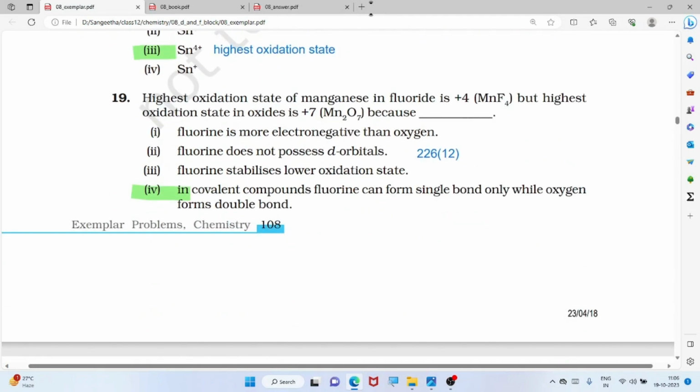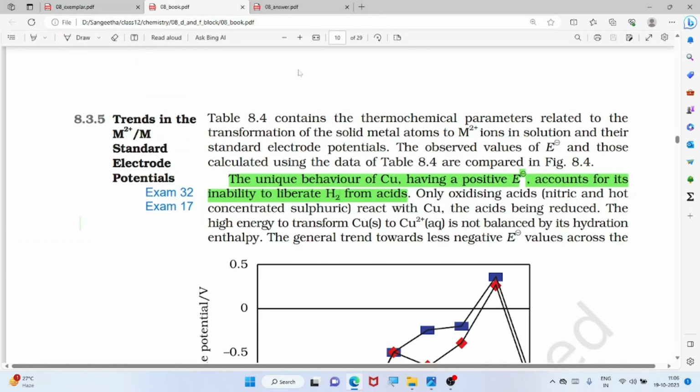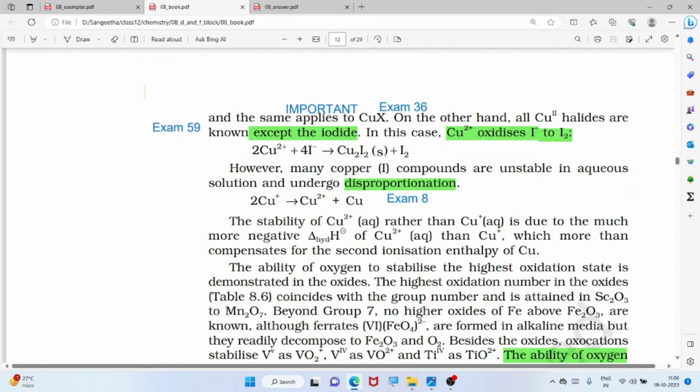The highest oxidation state of manganese is plus 4 in MnF4. But the highest oxidation state of plus 7 is in the oxide, because in the covalent compounds fluorine can form only a single bond, while oxygen forms the double bond. Oxygen can form the double bond. That is why it has the higher oxidation state.